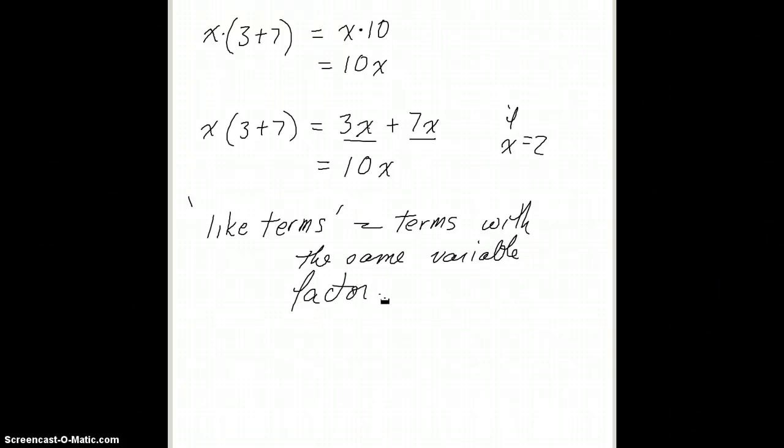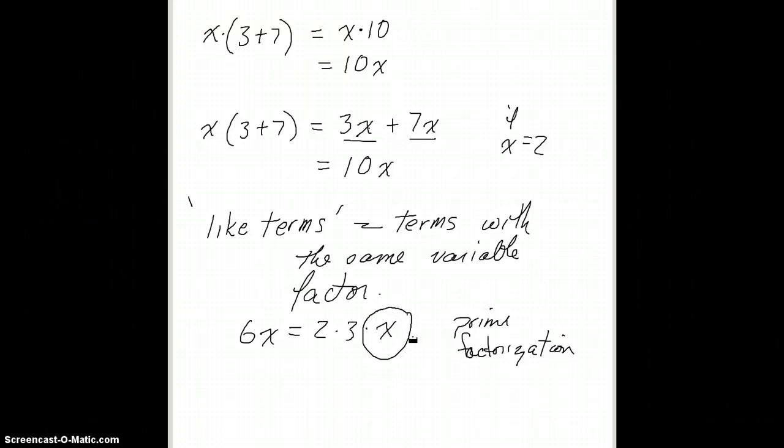We know what a factor is. Something, 6x, well, we know that's 2 times 3 times x. That's completely in prime factorization, right? But when I'm looking for like terms, what I'm really looking at is the variable.